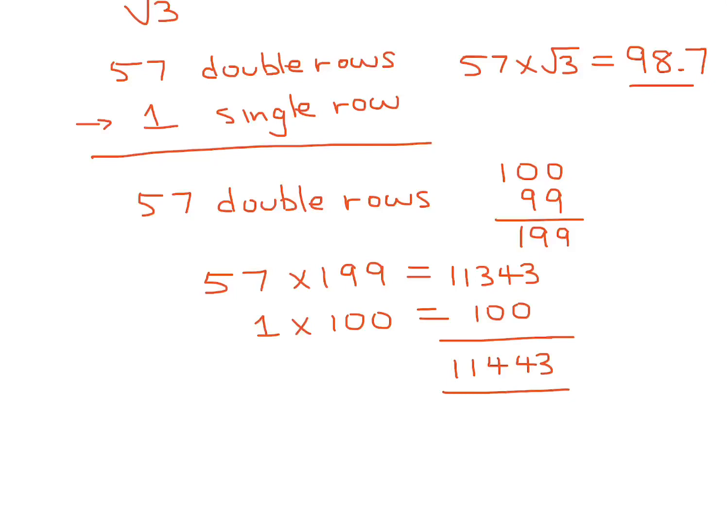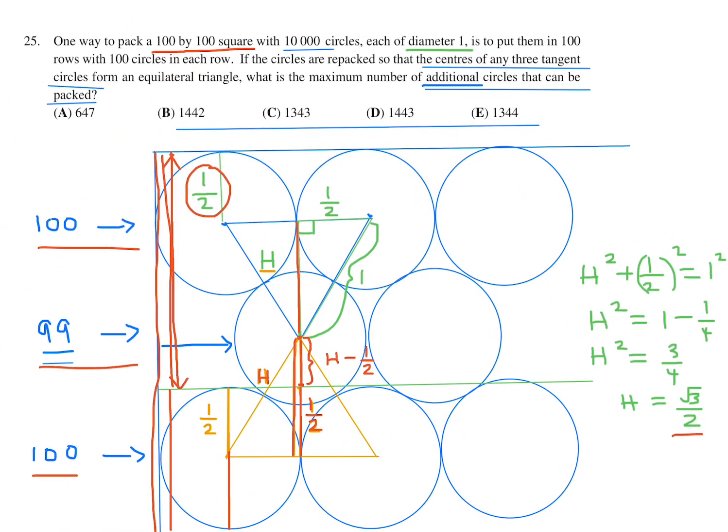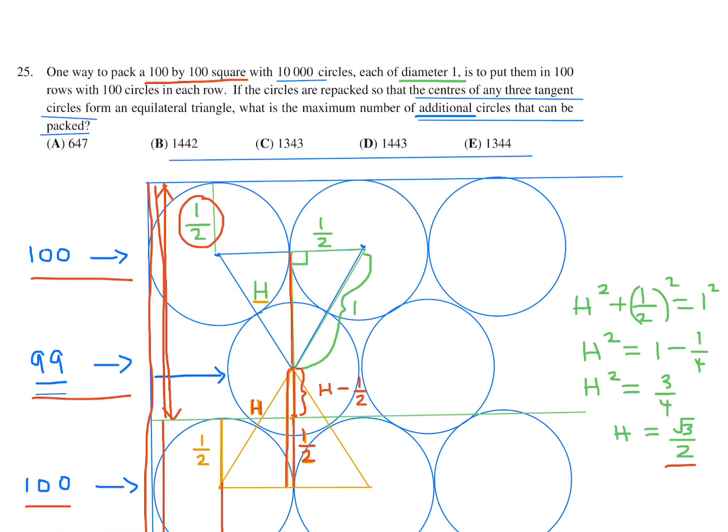So that is how many circles you can put into the square with this new orientation. And remember, initially there was 10,000, so they're asking how many additional did we pack, and therefore you just subtract them and you get 1443. So 1,443 additional circles. And that is choice D.